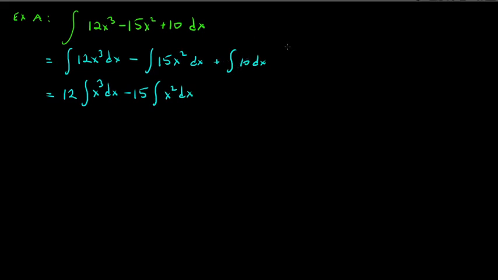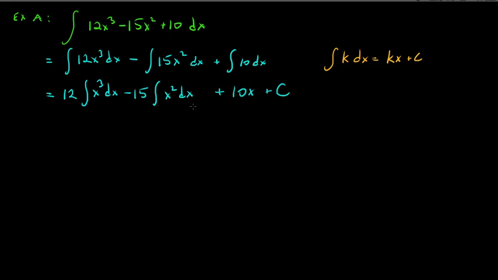But remember, the general formula is that if you're integrating a constant with respect to x, you just get that constant times x, right? So we can do the last one right now and just say that this is 10 times x, right? And we're going to have c's here too, but I'll just have the c for all of them here. Okay? So yeah, the last integral hopefully was the easiest one, right?